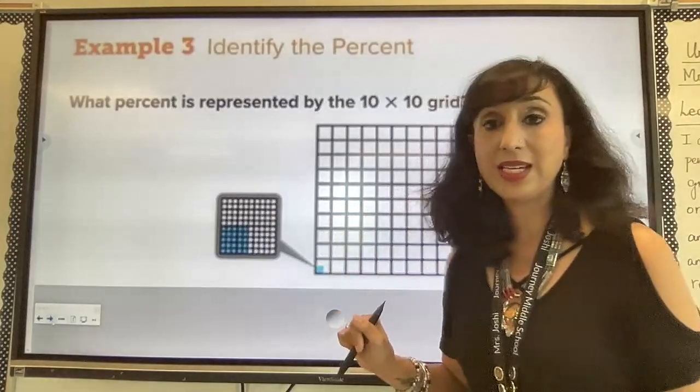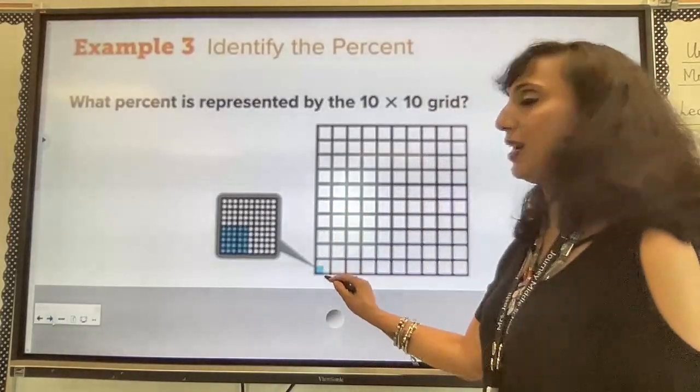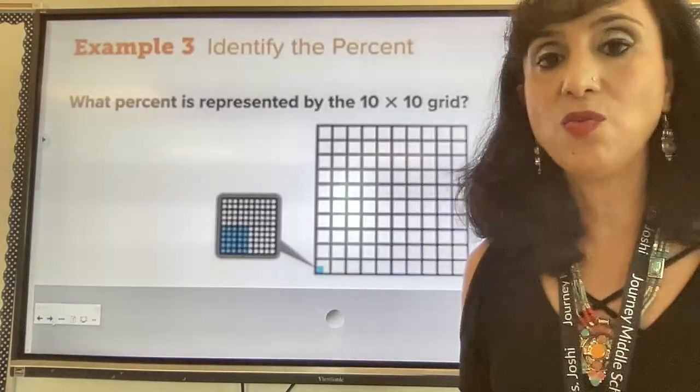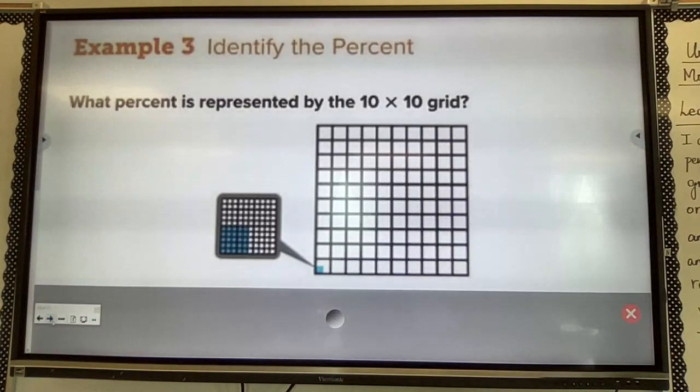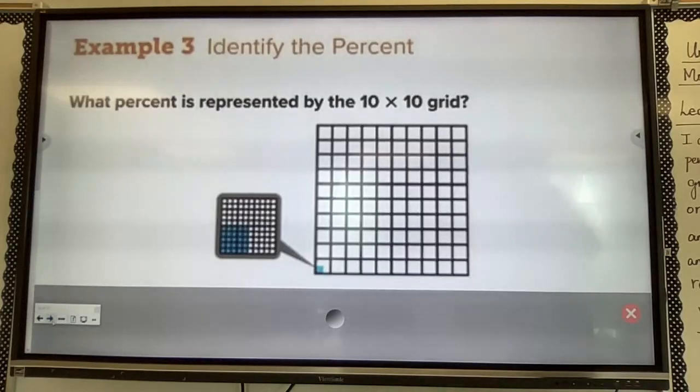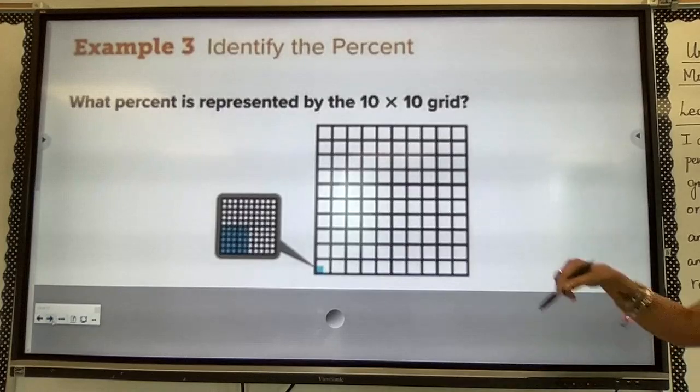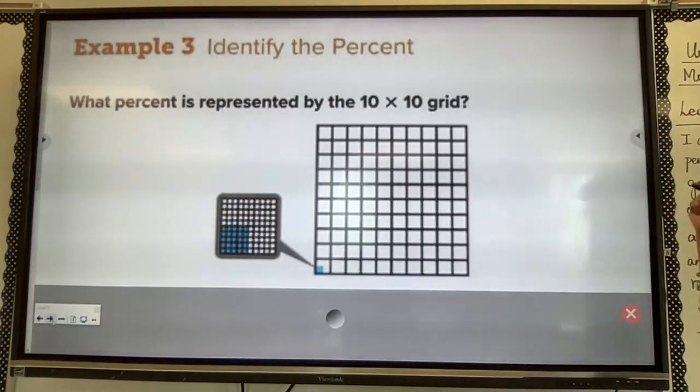It is 1%. So if only this portion is colored in, it's definitely less than 1%. So let's look at this. And we know that the percent compares the number of shaded squares to 100. And because one whole grid contains 100 squares, less than 1 grid square is shaded on this 10 by 10 grid.